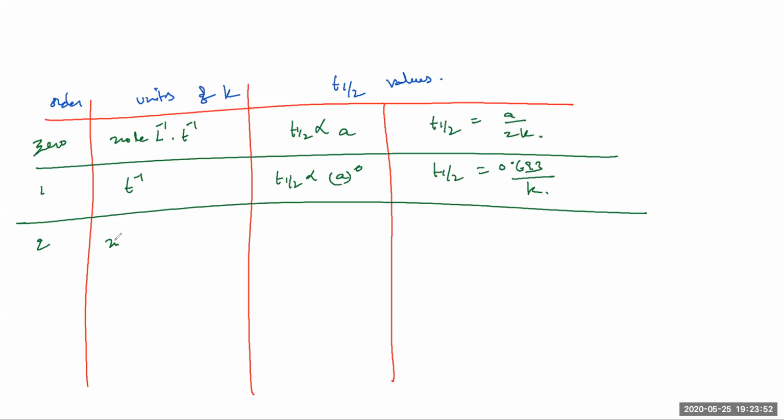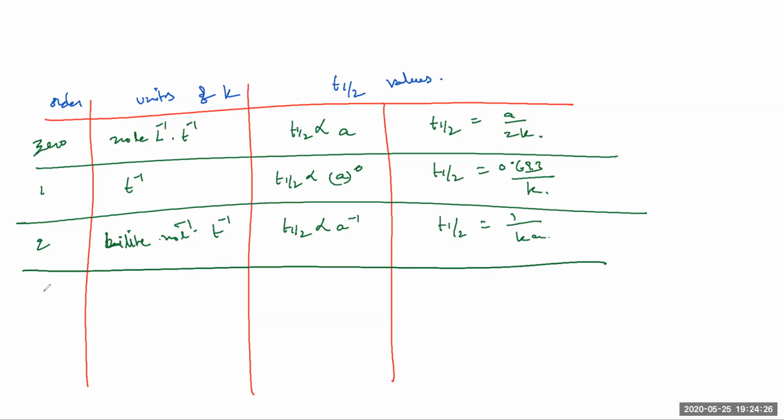Liter mole power -1, meaning liter per mole per time. So t half is directly proportional to A power -1, that means inversely proportional to initial concentration. t half is equal to 1 by kA.